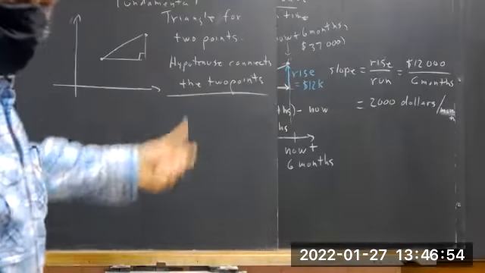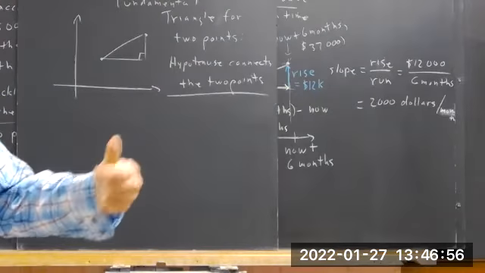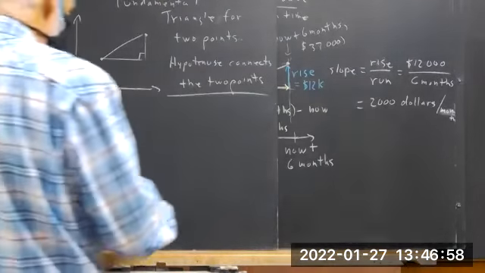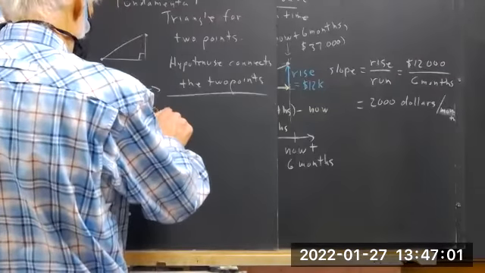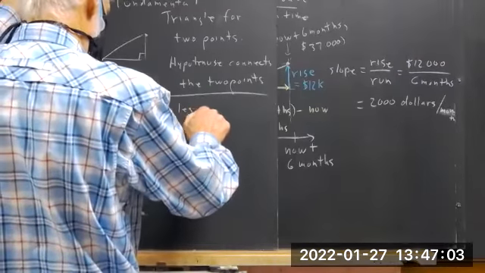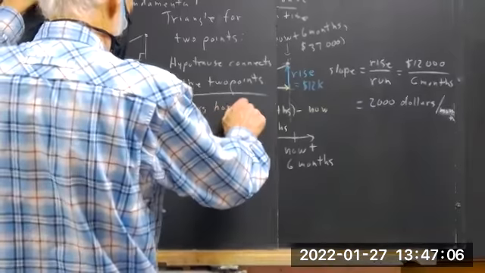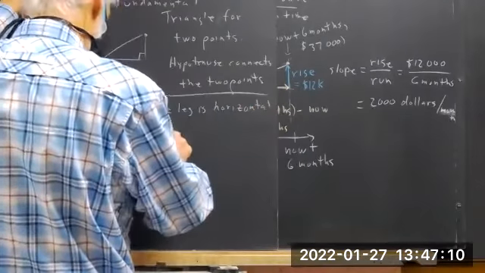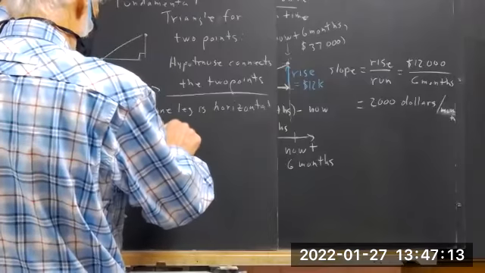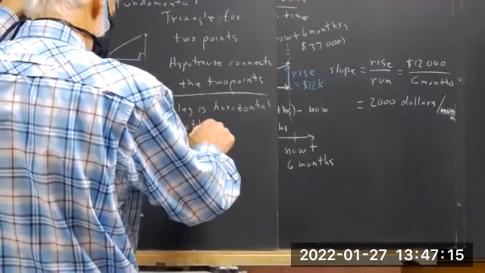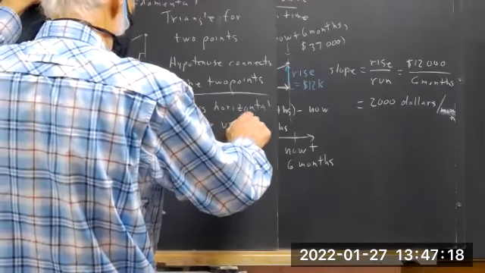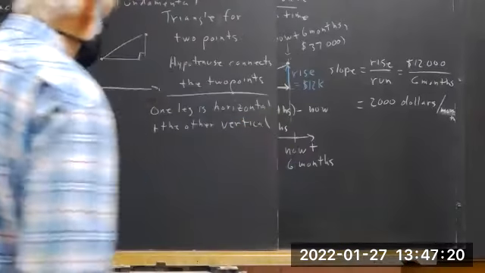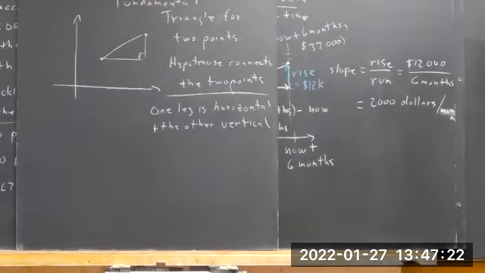What do you call the other 2 sides of the triangle? You call them legs. Okay. One of the legs is horizontal, the other leg is vertical. That is parallel to the x-axis, parallel to the y-axis, right?